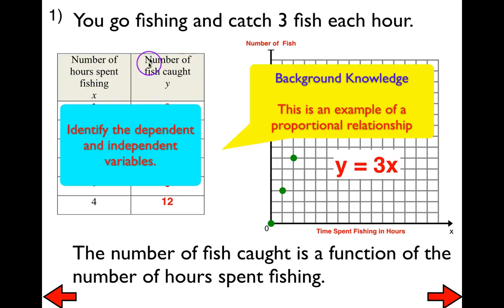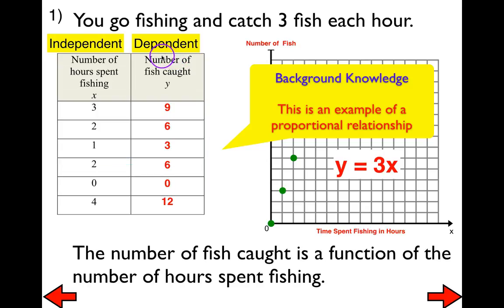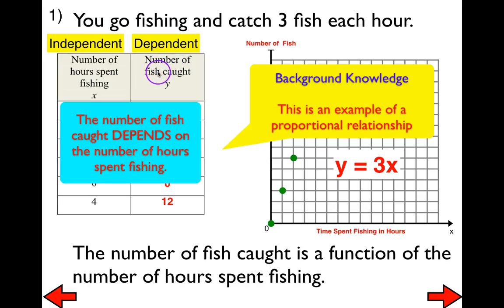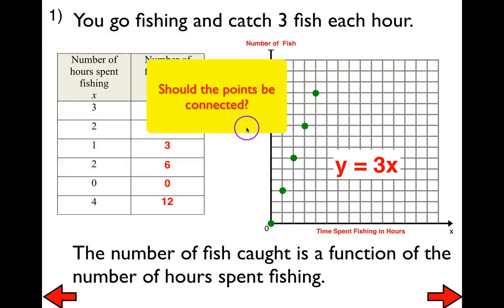The number of fish caught is dependent on the number of hours spent fishing. So this is my independent variable and this is my dependent variable. Just remember that you're looking to see which one depends on the other, because once you figure that out, then you know it's your dependent variable.